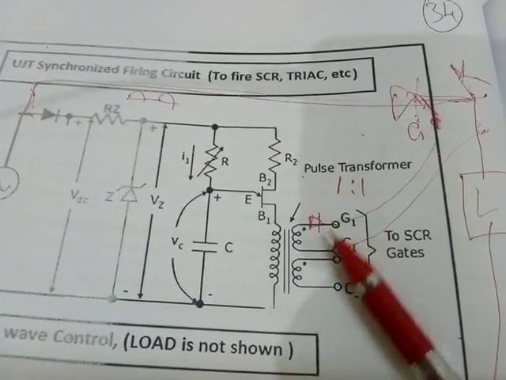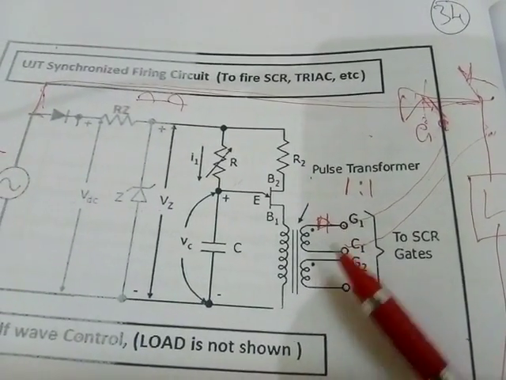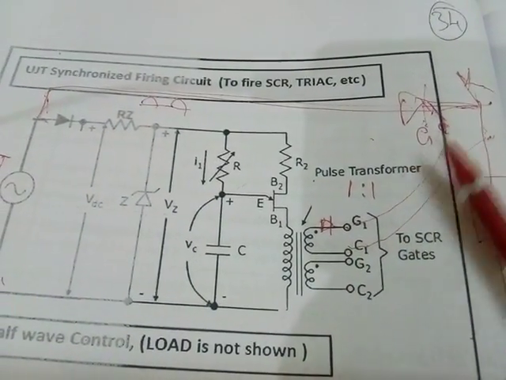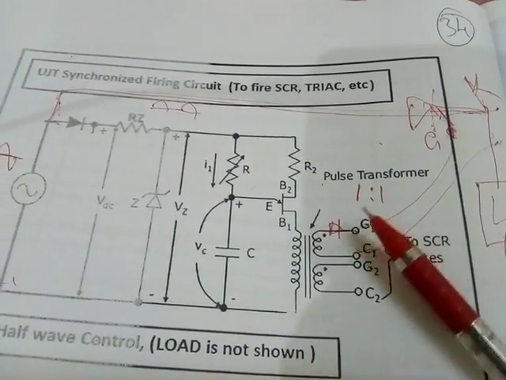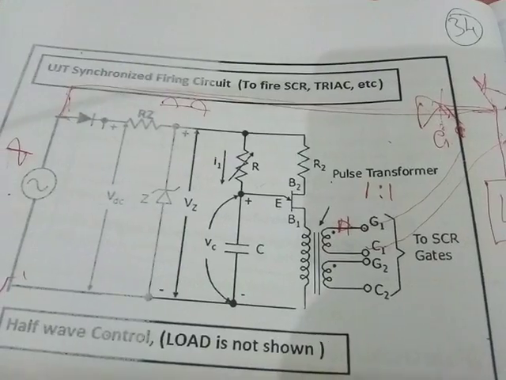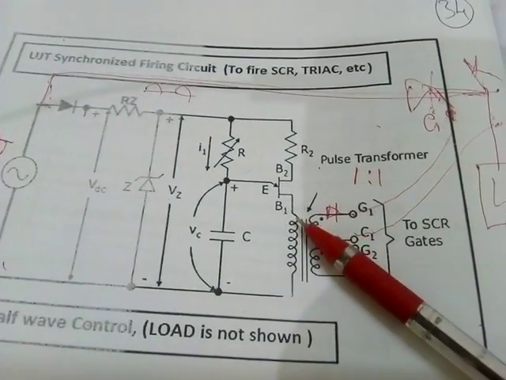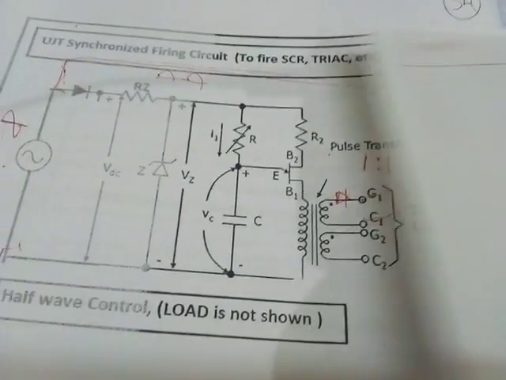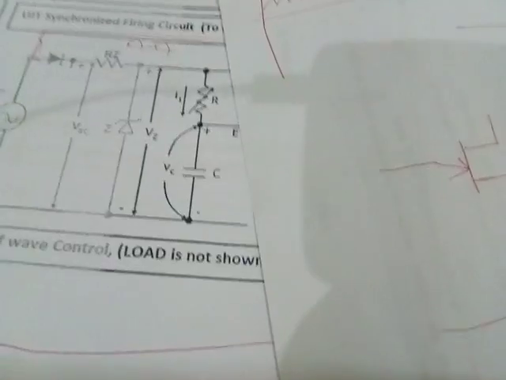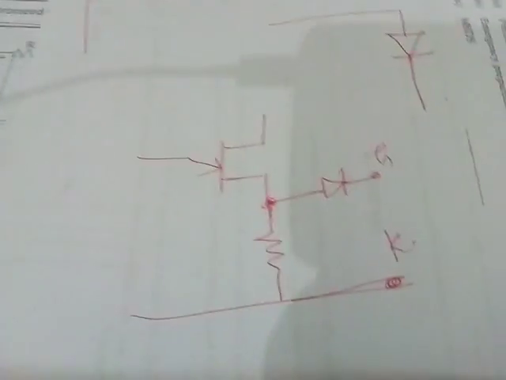Two secondaries are given here in case you have to fire more than one SCR at the same time, say series, parallel combinations, many things are there. If you don't want a pulse transformer, you can also put the same thing, but you can fire only one SCR.